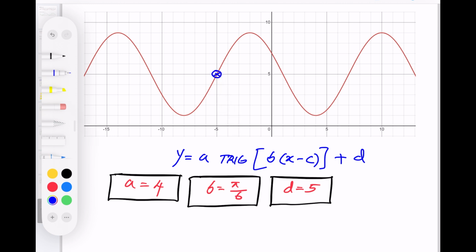If I wanted to write down a negative sine equation, I will need to select the point right here. Because within a neighborhood of the starting point of a negative sine curve, we know that it goes down. Within a neighborhood of a positive sine curve, we know that it goes up.